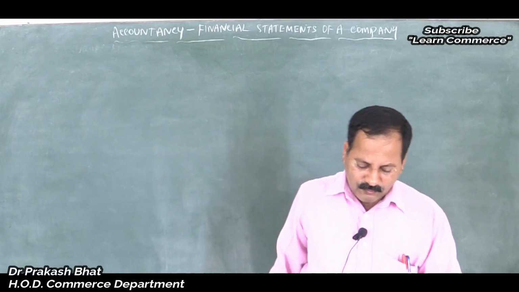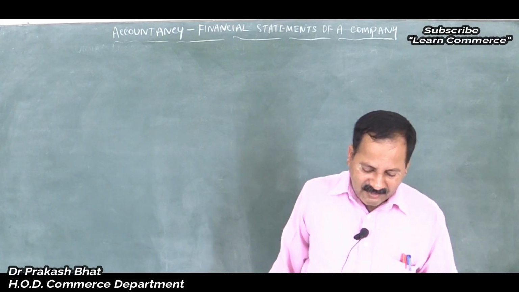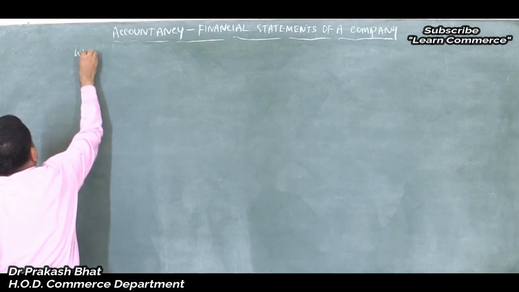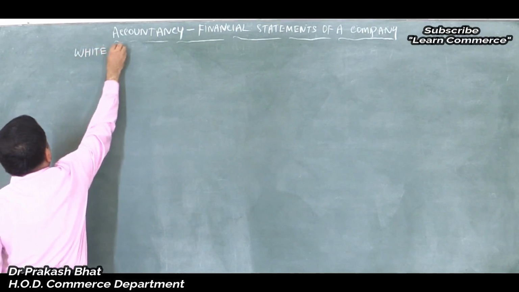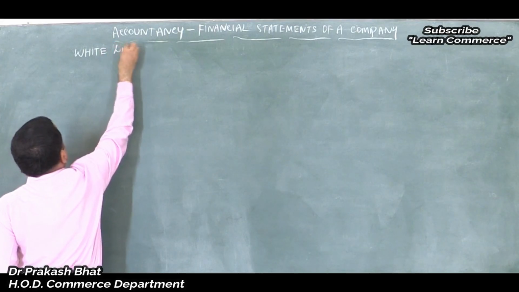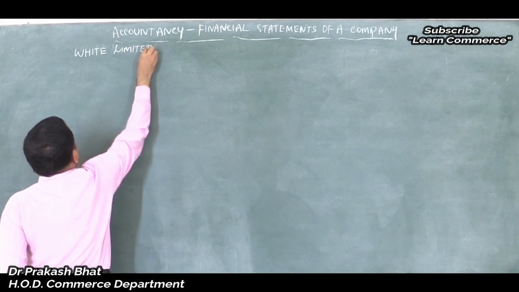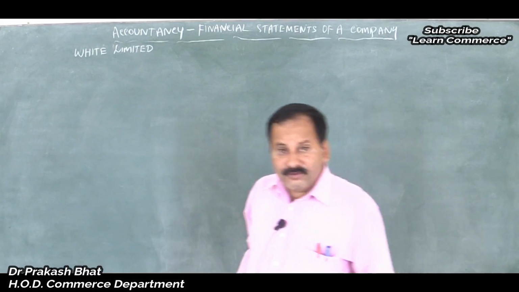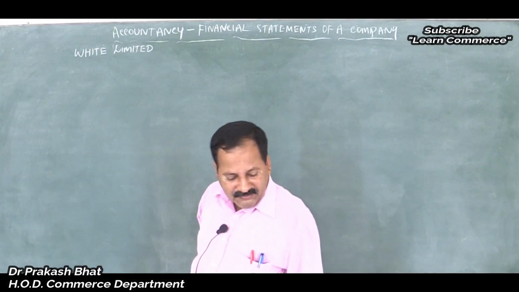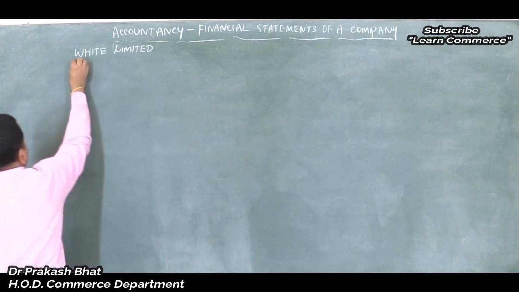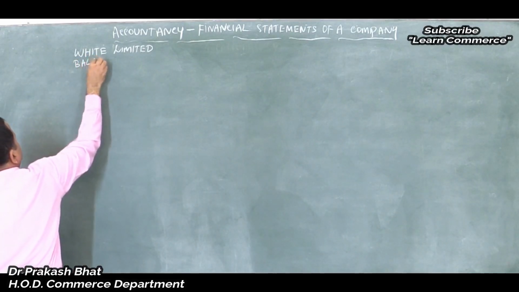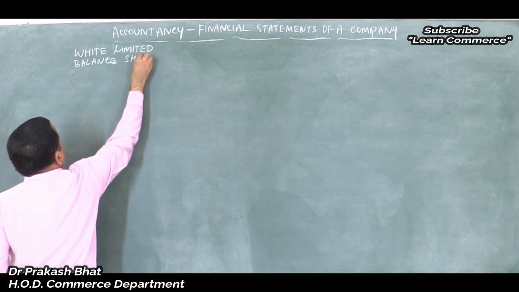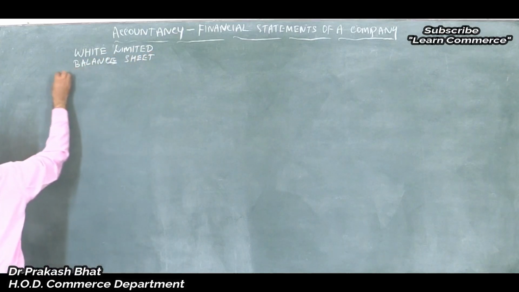Let us solve the problem. Write the name of the company, White Limited. Balance sheet for the year ending 31st March 2018.